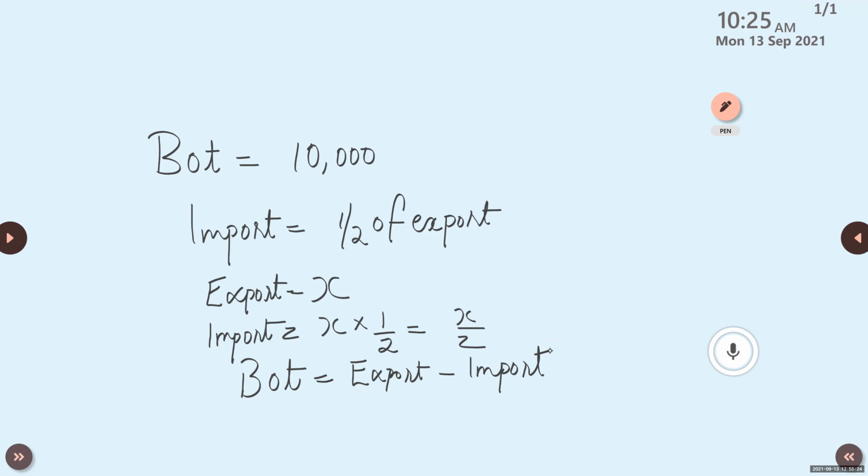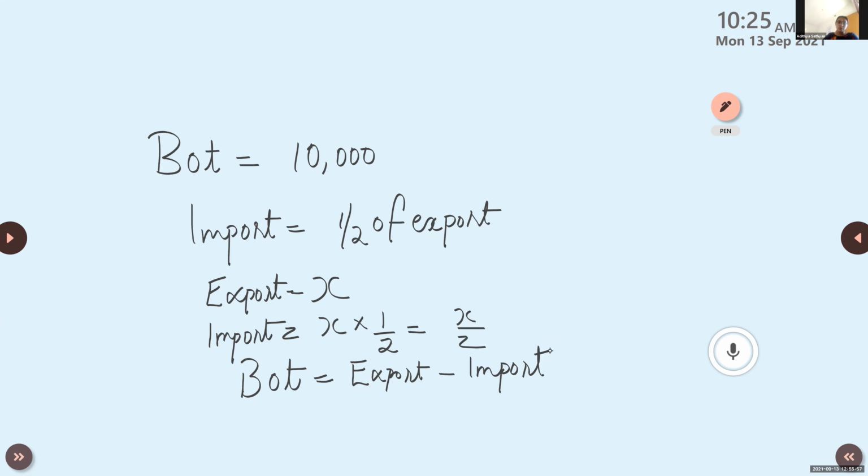Okay. Now, balance of trade is given, that is rupees 10,000. Import is half of the export. Export is also not given, so we are taking it as X. So imports will be X into 1 by 2 or X by 2. Now apply that in the balance of trade formula. How to get the balance of trade, Aditya?